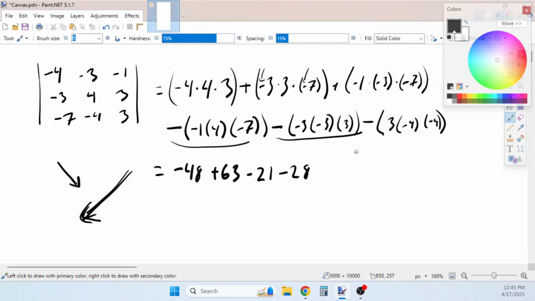Here I get -27. Here I get negative, again, 4. Ow. Lots of negative numbers. So let's start combining these.